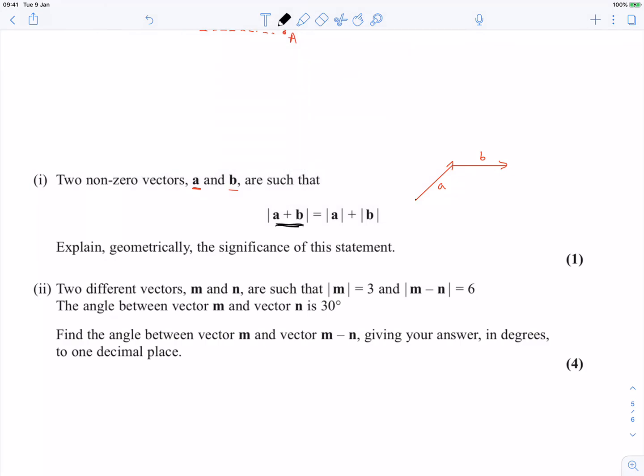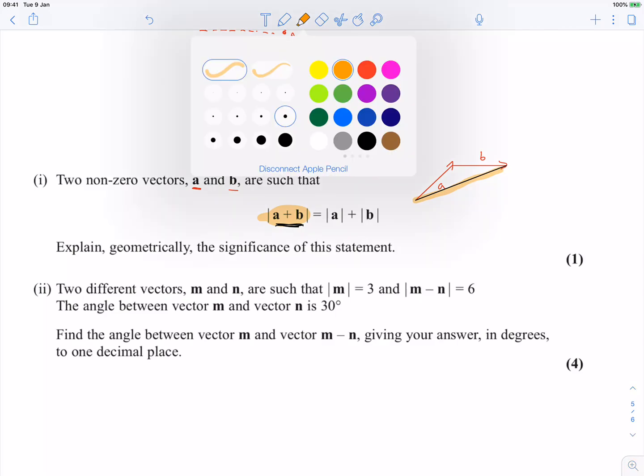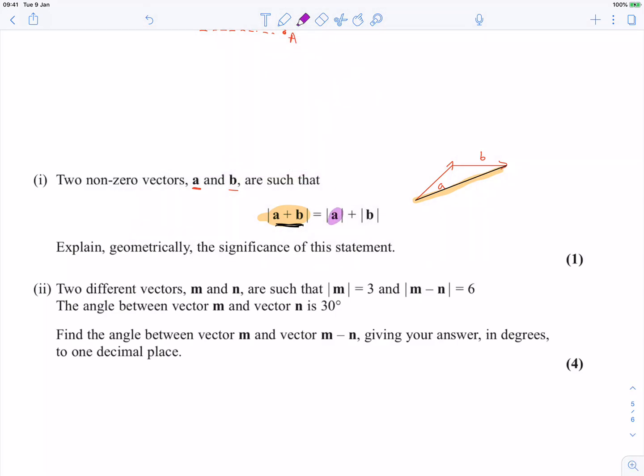Well, you start at the beginning of A and you end at the end of B like that. Now what is this saying? This is saying that the length of A plus B, which is this one, is the same as the length of A, which is this, plus the length of B, which is that.